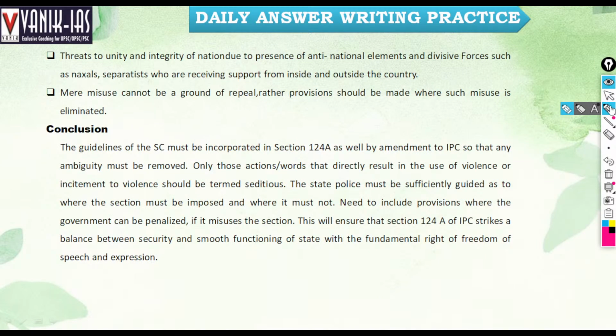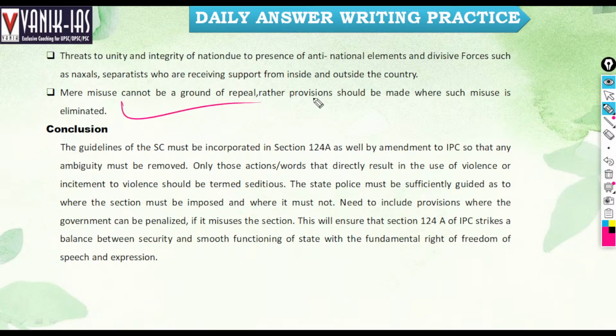Threats to unity and integrity of the nation. Next, mere misuse cannot be a ground for repeal, because any provision can be misused, right?